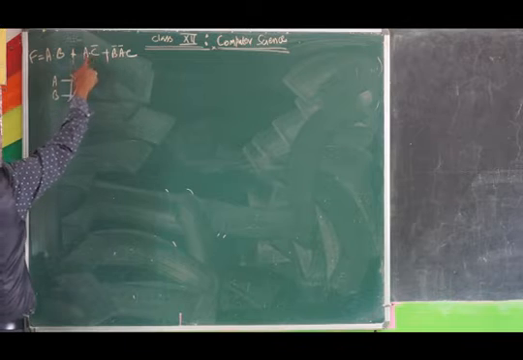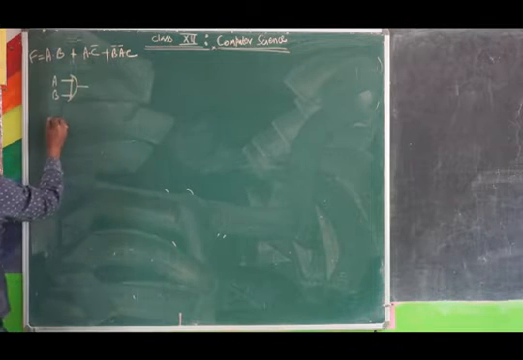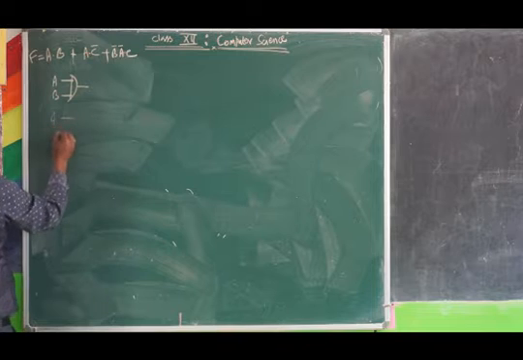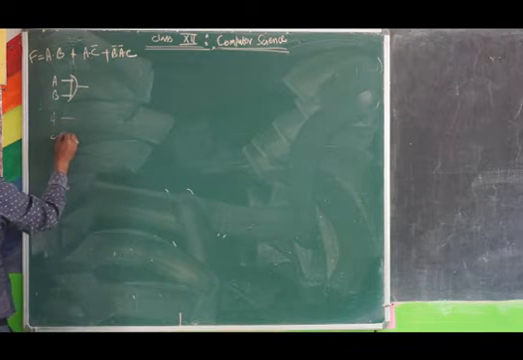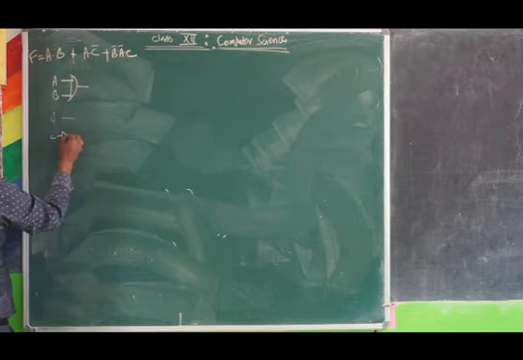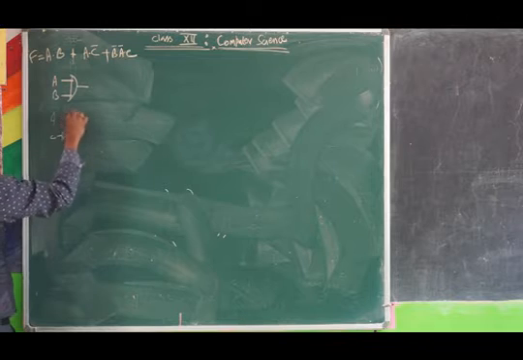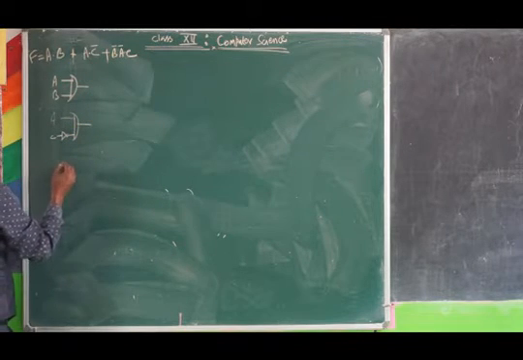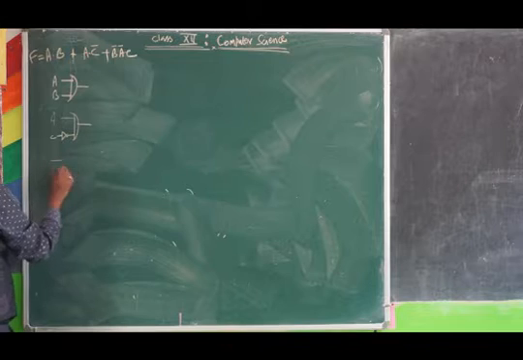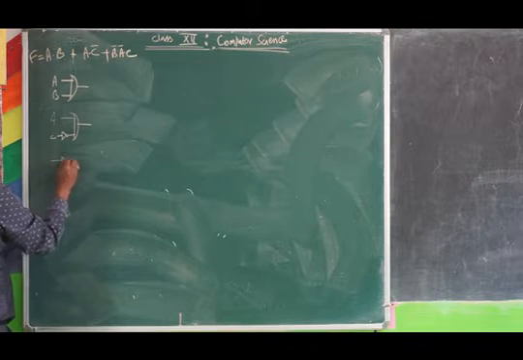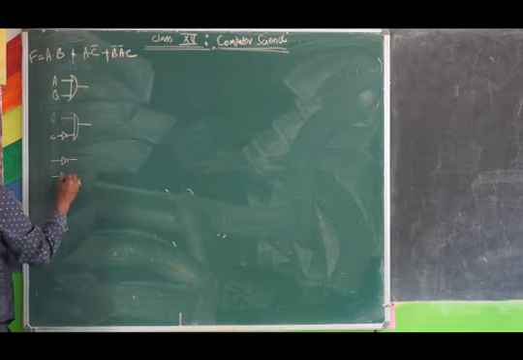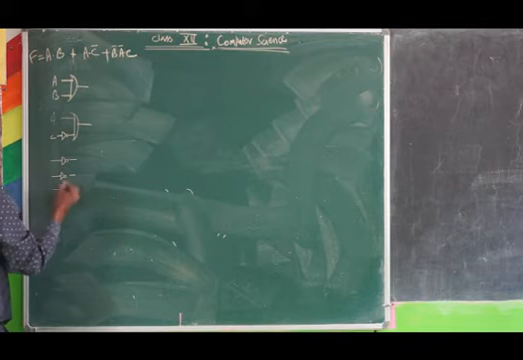And here is another gate, again an AND gate, which is A and C complement, which can be written like this. And here the three variables are there: B, A, and C.